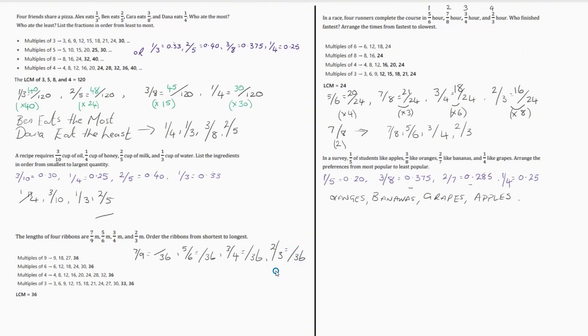Right, all written out. New denominators. Right, let's do the same. How many times did we need to divide that? It was 4. So 4 times 7 is 28.